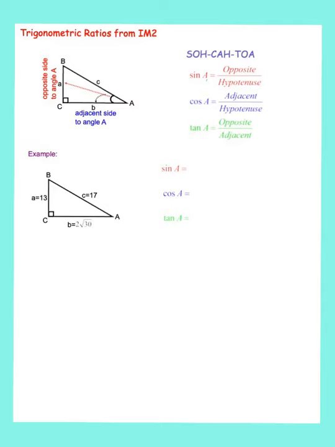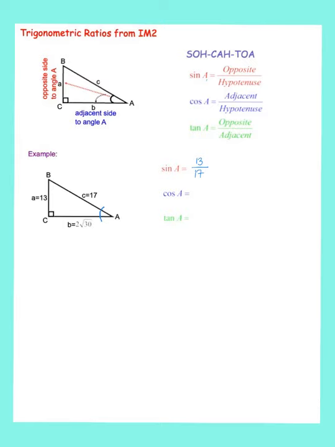So let's look at this problem here. The sine of A, which is this angle right here, is going to be opposite over hypotenuse. The side opposite has a length of 13 and the hypotenuse has a length of 17. Then the cosine of the angle is adjacent over hypotenuse.